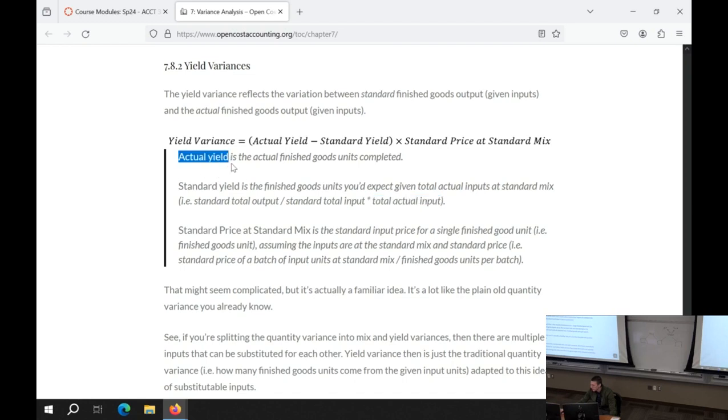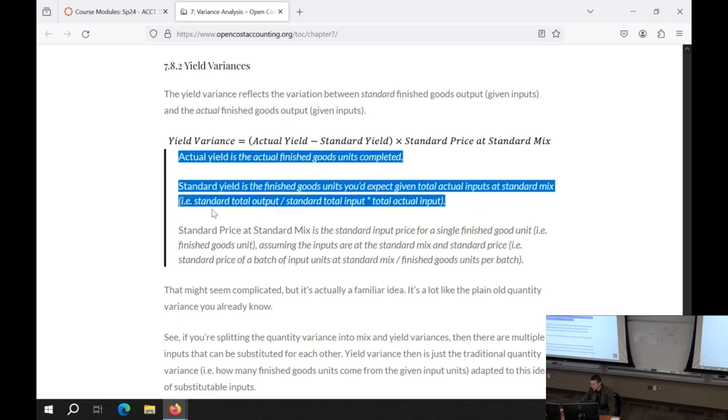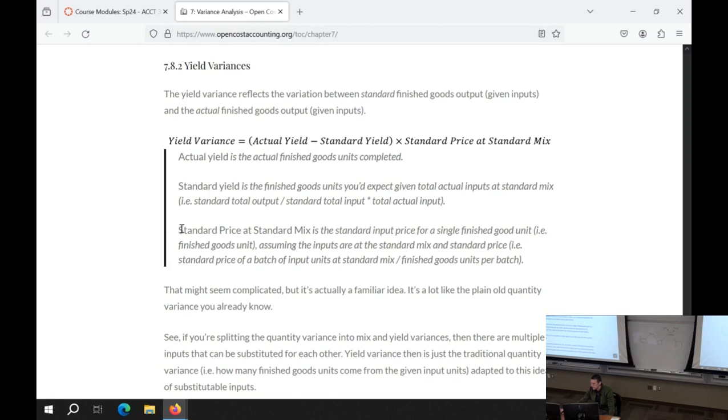Okay, so if we actually yielded 24,000 instead of 20,000, we yielded a lot more than we expected. We'll come back to that in a second. Maybe that set off some alarm bells, but let's come back to this last one: standard price at the standard mix.